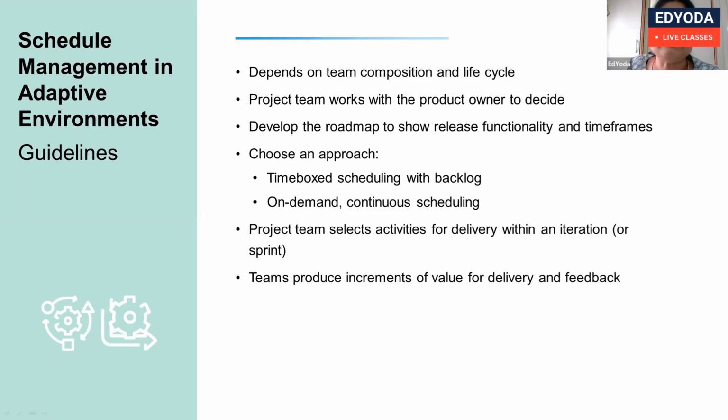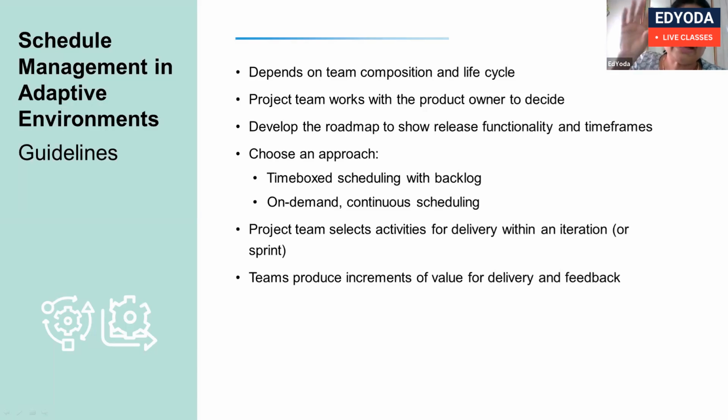Okay. And we will develop the roadmap to show releases. Remember, I told you the releases, they will plan the releases. Then in each release, under each release only, there will be iterations and all these things will come. The first is product vision, then the roadmap, then the releases.